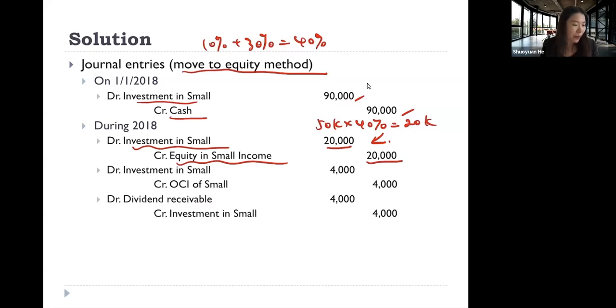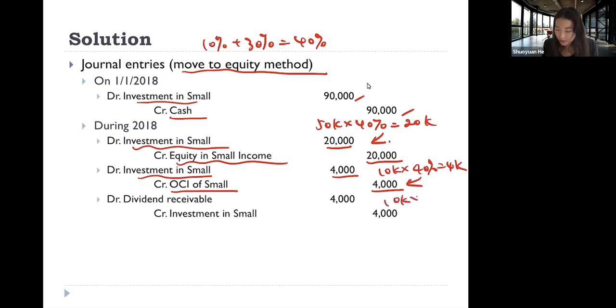And then Small reports OCI of 10,000. This 10,000 OCI multiplied by 40% is 4,000. From Big's perspective, it will debit its investment account by 4,000, credit OCI of Small by 4,000. And Small also declares a dividend of 10,000.